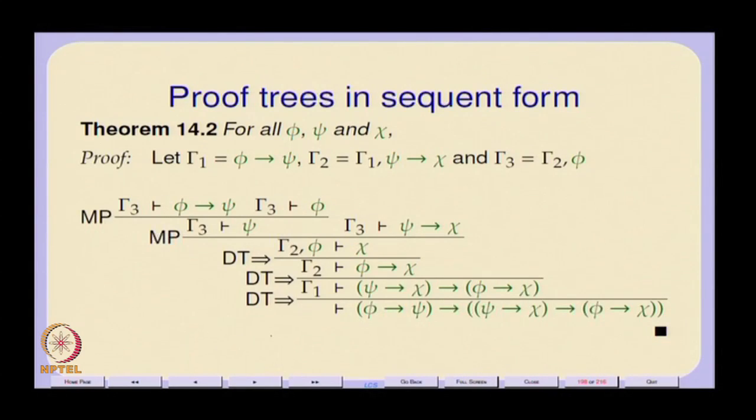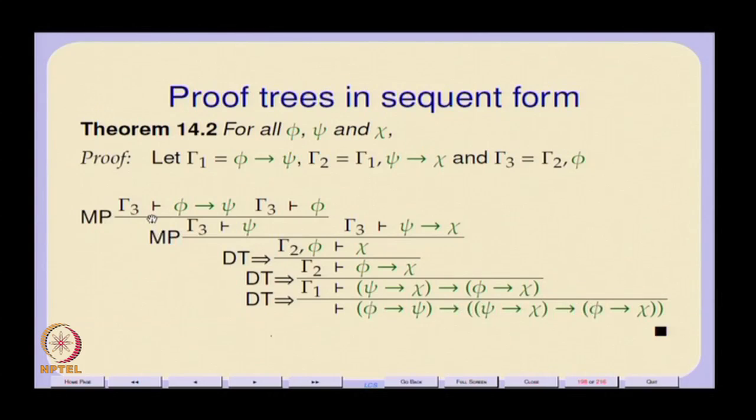Let us look at it carefully. If you remember, we initially assumed, because we were going to use the deduction theorem, these three assumptions: phi arrow psi, psi arrow chi and phi itself.